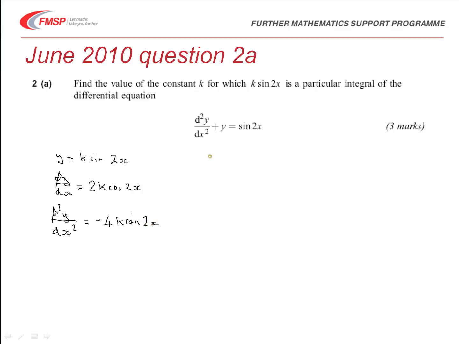So if we now substitute into this equation, it's going to give us minus 4k sine 2x plus k sine 2x equals sine 2x.